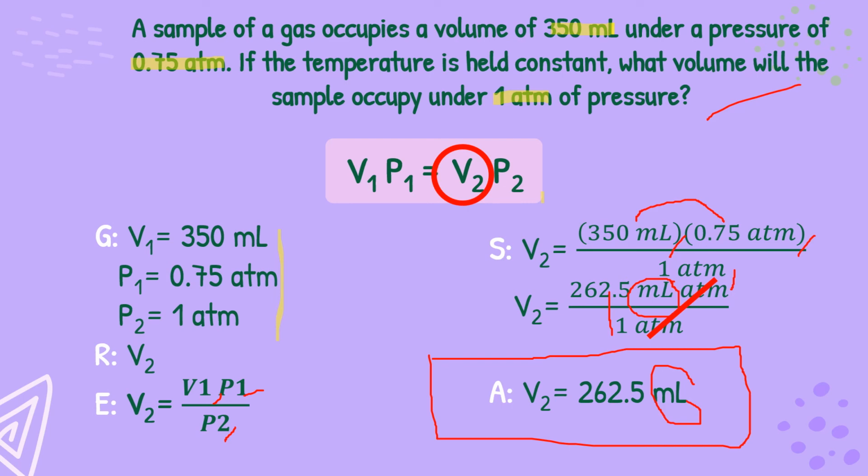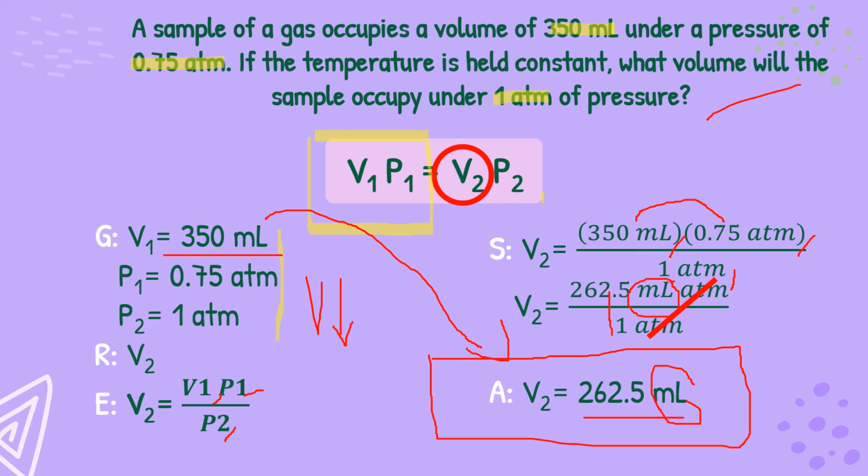Now to prove that there is an inversely proportional relationship between volume and pressure, let's have this one. So initially, on the initial state of this gas, we have volume as 350 milliliter and it changes into 262.5 milliliter. Now from 350 to 262.5, the volume is decreasing. So the quantity becomes smaller.